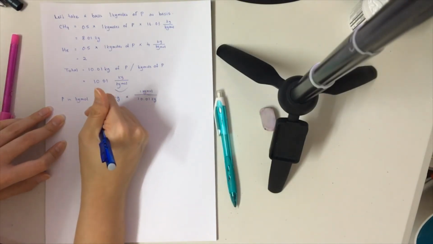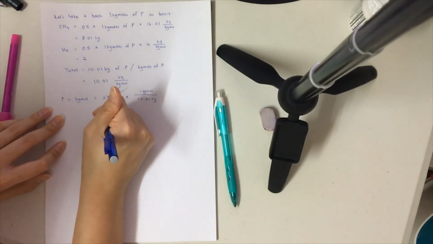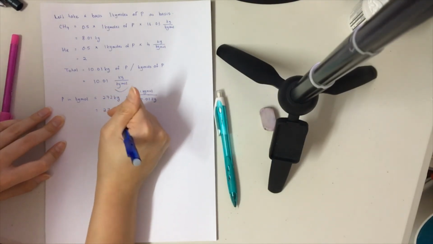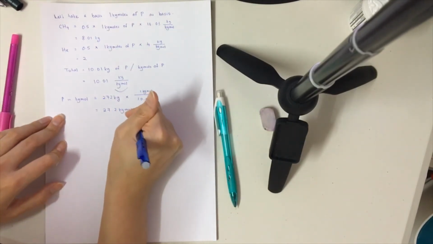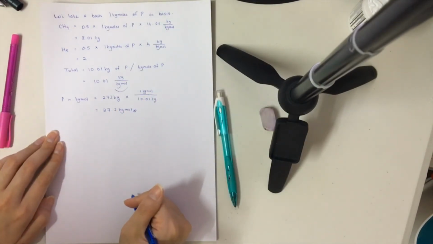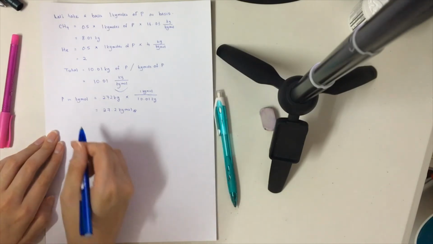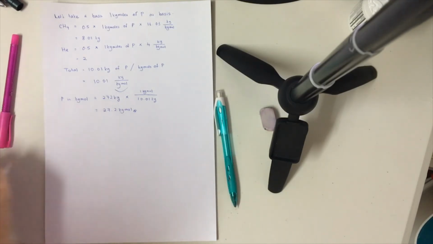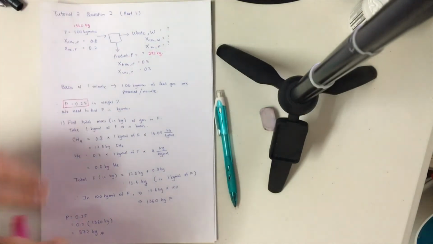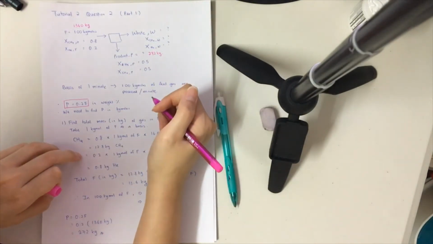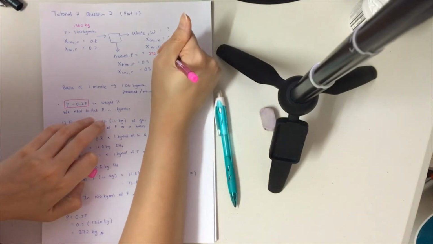Basically we are dividing, and we get 27.2 kilomoles. So we already have P. Let's fill it in. P is 27.2 kilomoles.